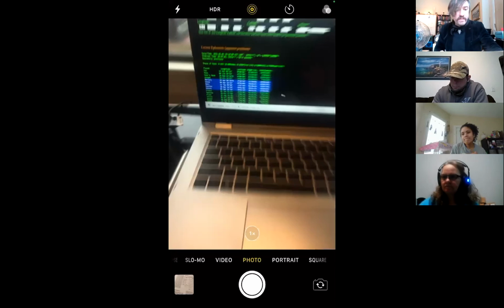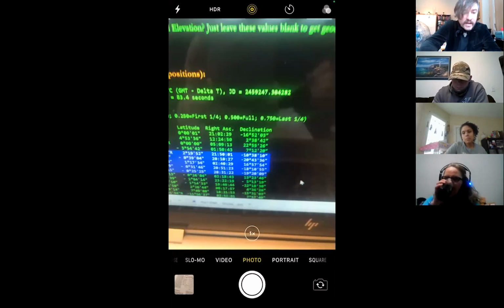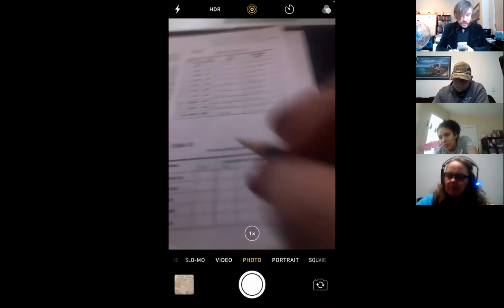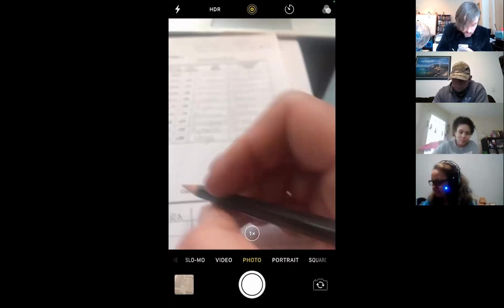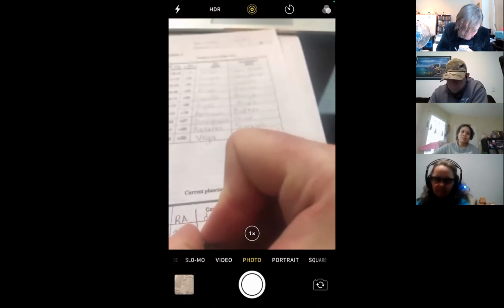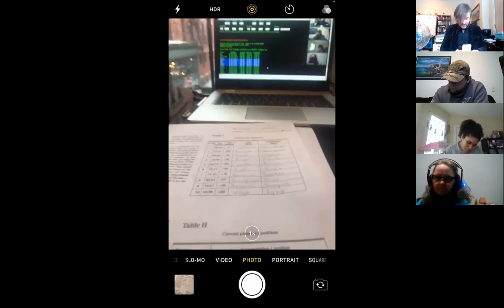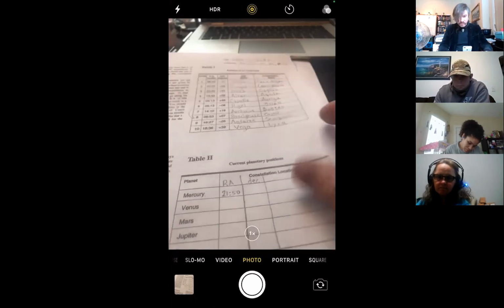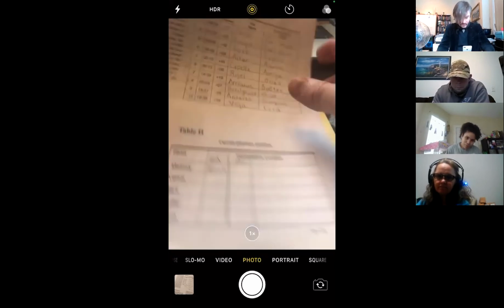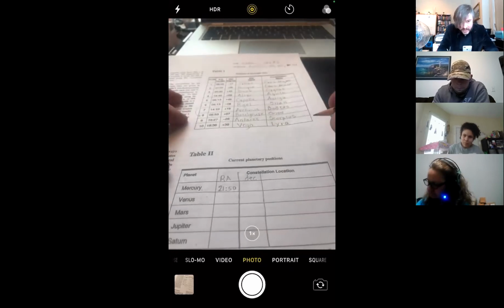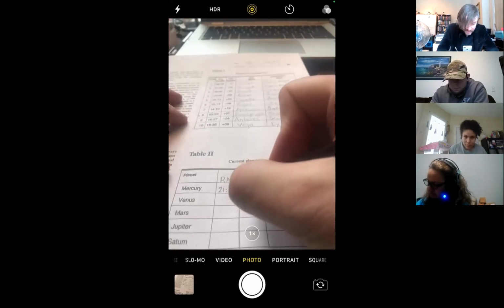Okay. So you can see I've got the right ascensions and declinations there. I'm not going to get into the arc minutes and arc seconds, but I will do hours and minutes and degrees. So for Mercury, the RA is 21 hours and 50 minutes. The declination is minus 10 degrees and 38 arc minutes. We'll just say minus 11 degrees.